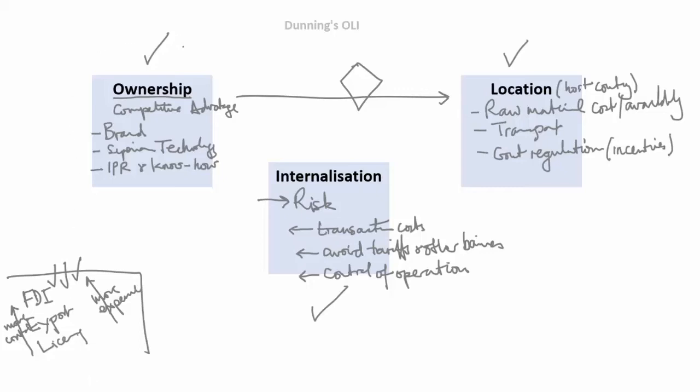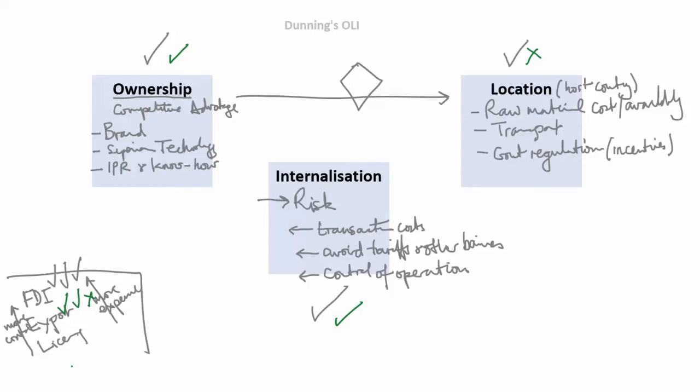But if we have, let's just change the color here, if we have ownership advantage and we have internalization advantage, but no location advantage, then we are probably looking at exports. This would be the equivalent of, for example, a hi-fi manufacturer who owns superior technology.